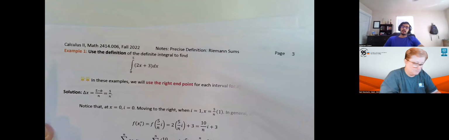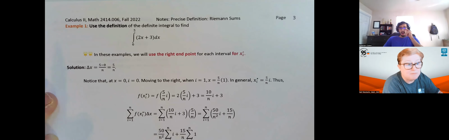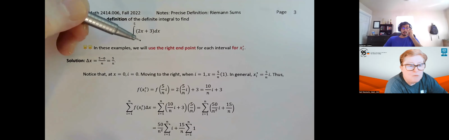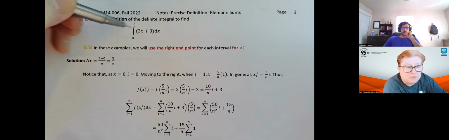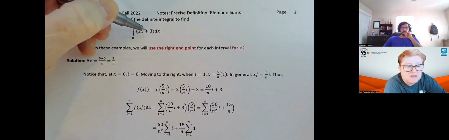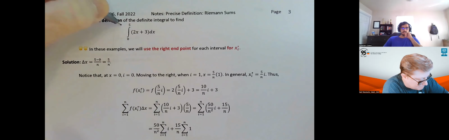Okay, so let's look at some examples. That definition is something we're going to use over and over and over again. So here, we want to find the integral from 0 to 5 of 2x plus 3 dx using the definition.